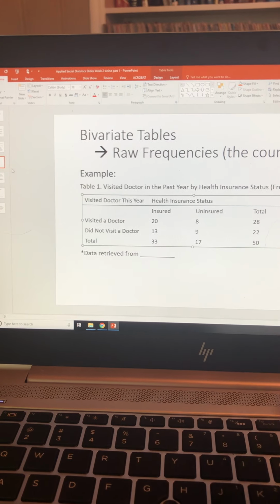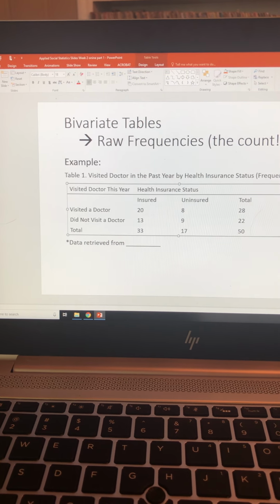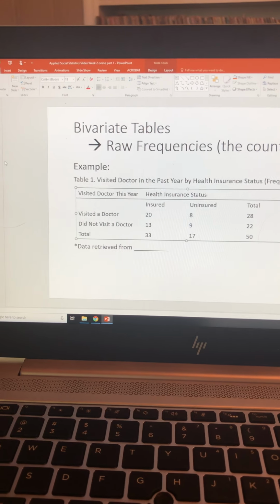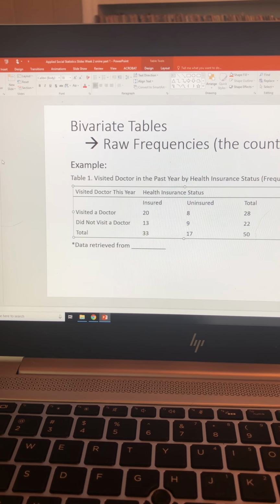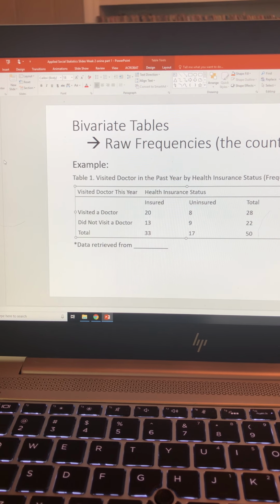Same here, there's more people who visited a doctor than did not. So we want to look at the percentages in order to compare them. That's going to be your first step in the homework: to convert these frequencies into percentages.